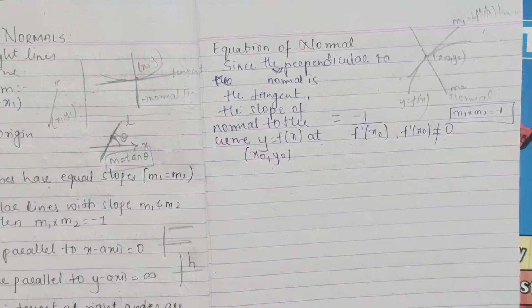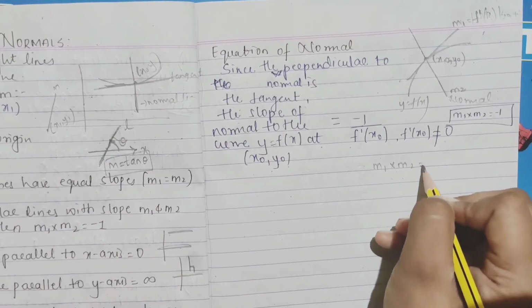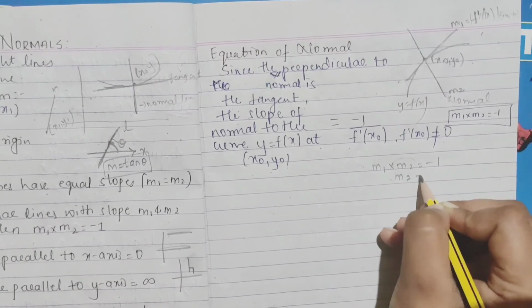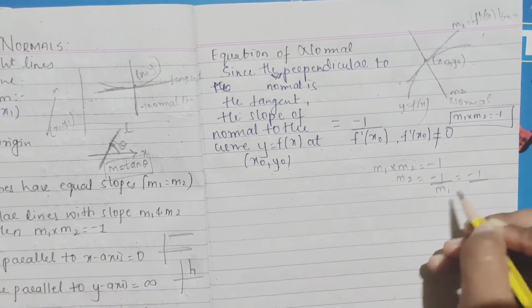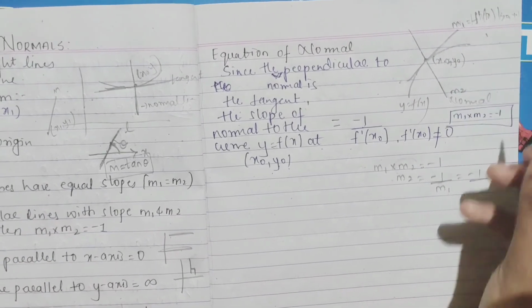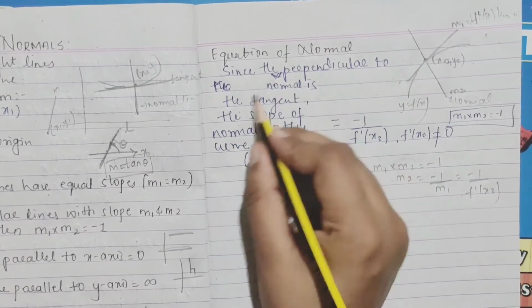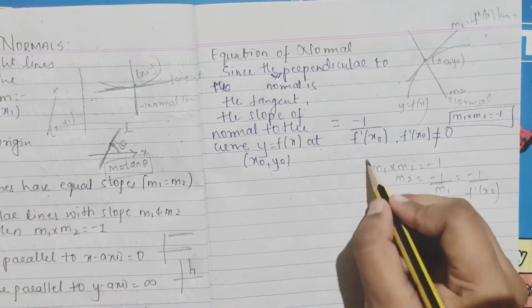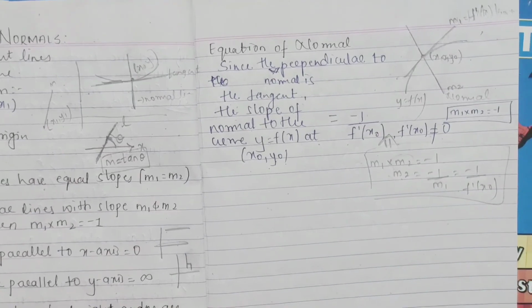Now we have to find m2, so m2 becomes minus 1 by m1, and m1 is f dash at x naught. So the slope of the normal to the curve is minus 1 by f dash of x naught, where f dash of x naught is not equal to 0.